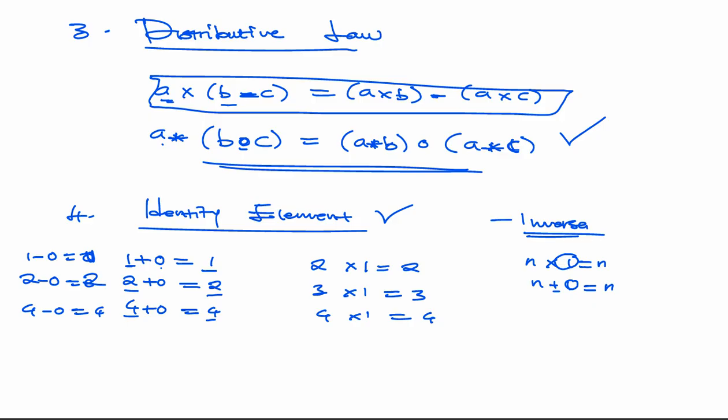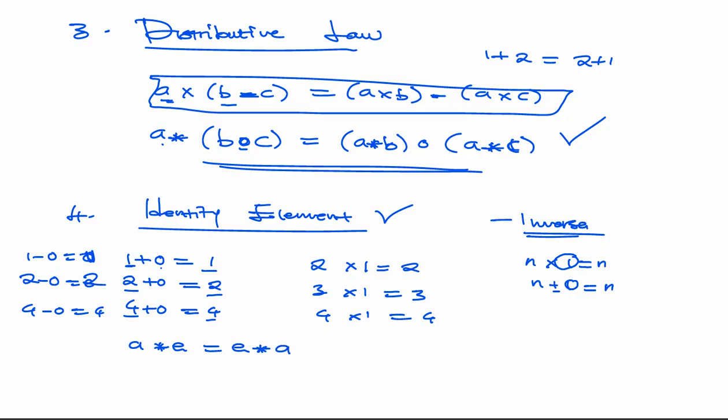It means to say when you are operating A star E, commutative rule is telling us to say 1 plus 2 is same as 2 plus 1. So I'm not going to confuse anyone when I say A star E is same as E star A, because that is what identity element is telling us.